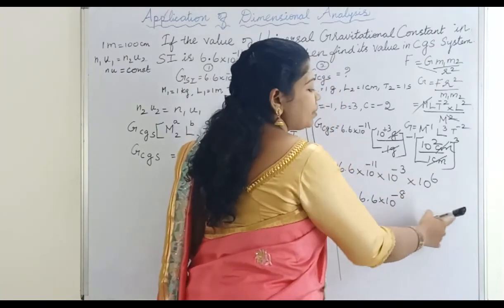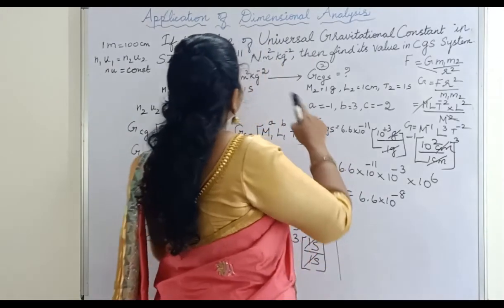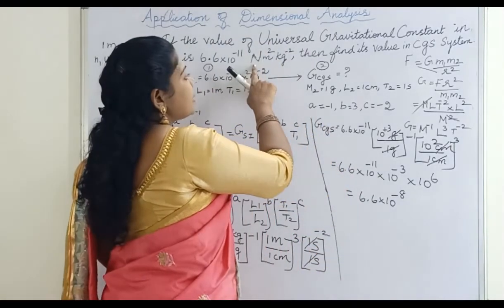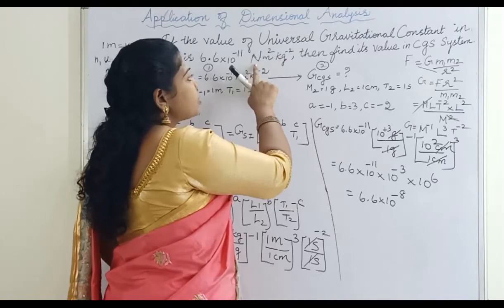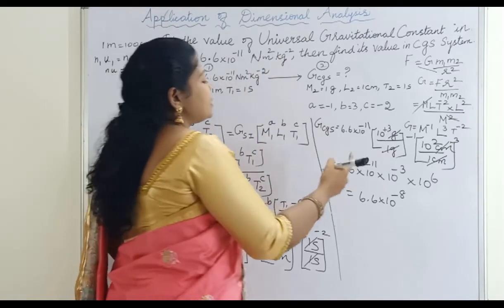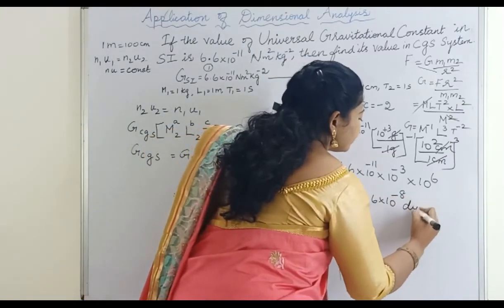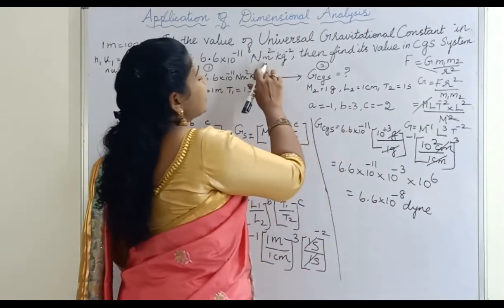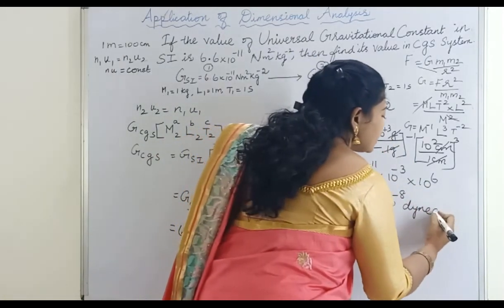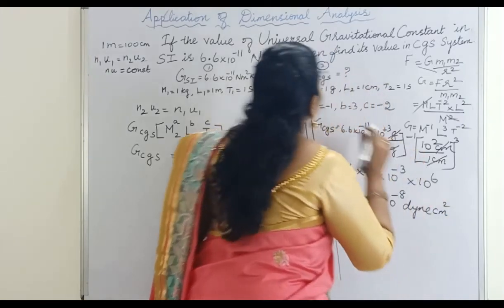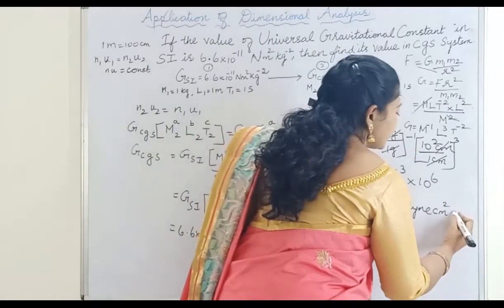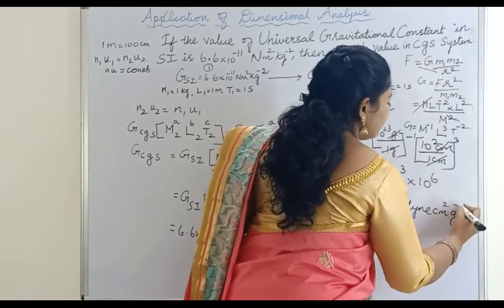Okay, then we have to write the unit. So here in SI system, the unit of force is Newton. In CGS it is dyne, and here we have written meter square, so for that in CGS centimeter square. It's kg, so here it is gram, the whole power minus 2.